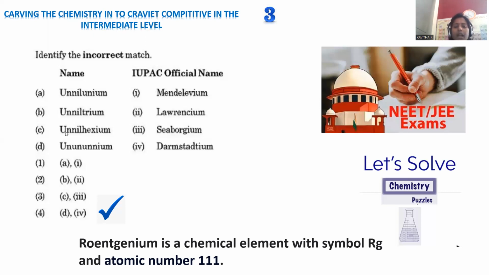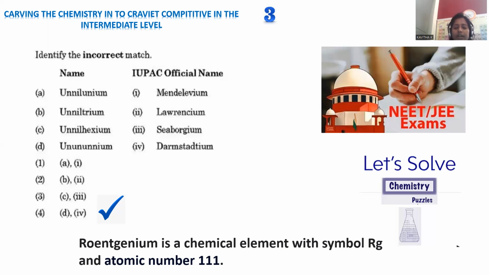Unnilhexium. Un means 1, nil means 0, hexium means 6. 106 is the atomic number. Seaborgium is the name of the element. Ununununium: un means 1, un means 1, unium means 1. 111 it might be. Whenever 111 is the atomic number, darmstadtium is a wrong naming of that element.